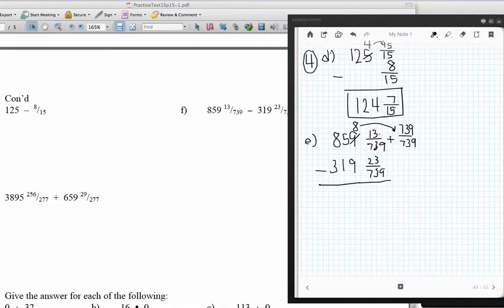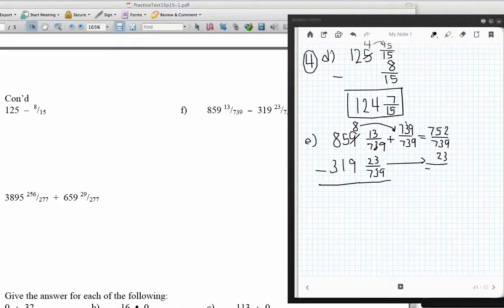So now I had 13 already, and I'm going to add that to 739. So 3 and 9, that would make 12, and then carry the 1. 3 plus 1 is 4, plus 1 more is 5, and that's going to make 752, and that's 752/739ths.